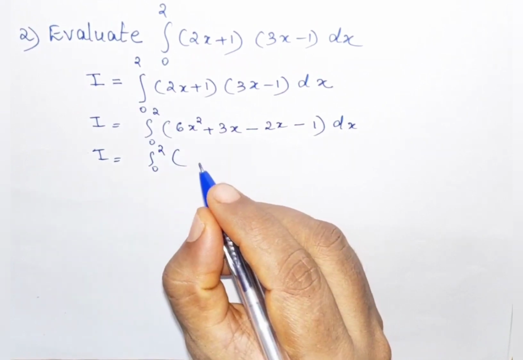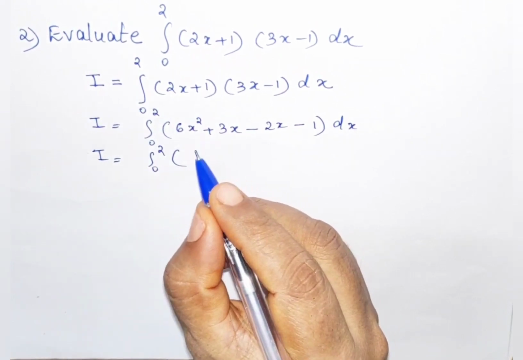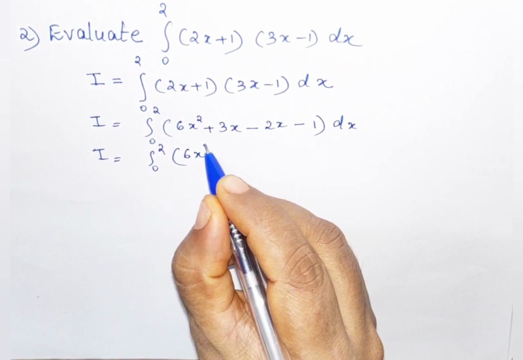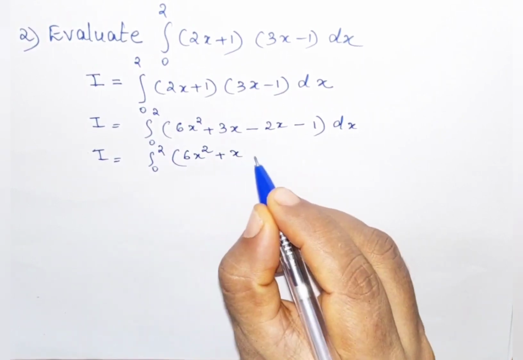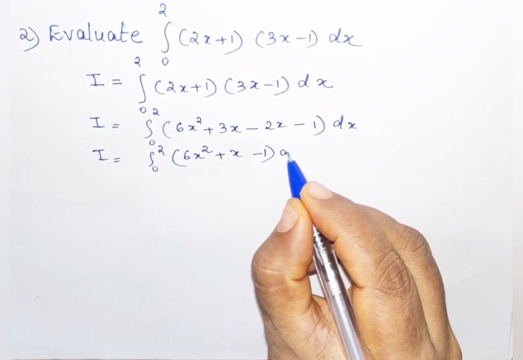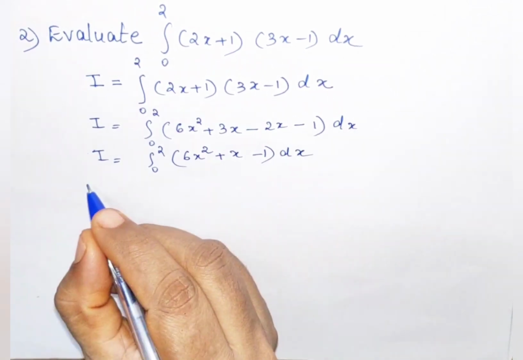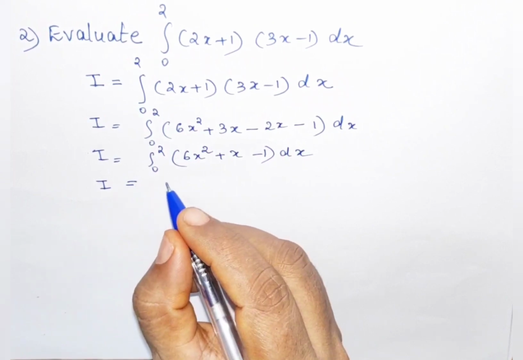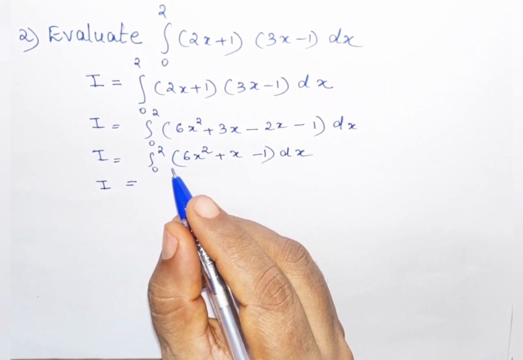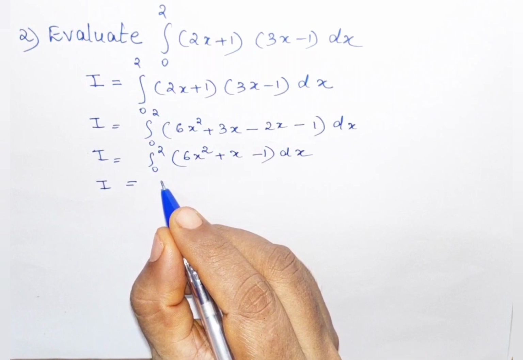Now we can write I is equal to integral 0 to 2, 6x square plus 3x and minus 2x becomes plus x minus 1 dx. Now since 6 is the constant of the integral, let us remove 6 outside.